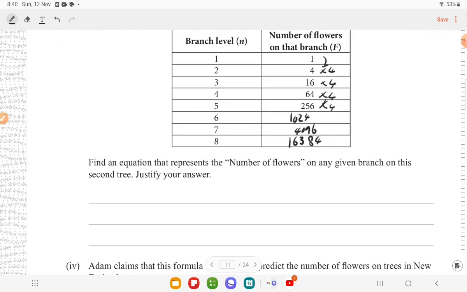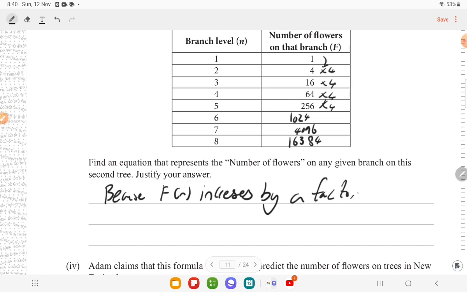So flowers is equal to, because f of n increases by a factor of 4 each time, f of n is equal to 4 to the n.